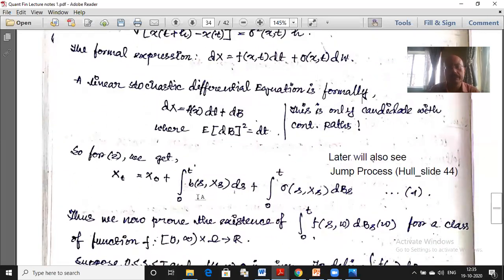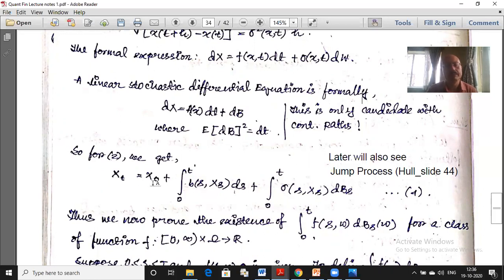It would look like this, equation 4. If I formally integrate both sides, dx equals f(x_t) dt and sigma(x_t) dW, where dW is now our candidate dB, then this would formally be the expression that we want to look at.